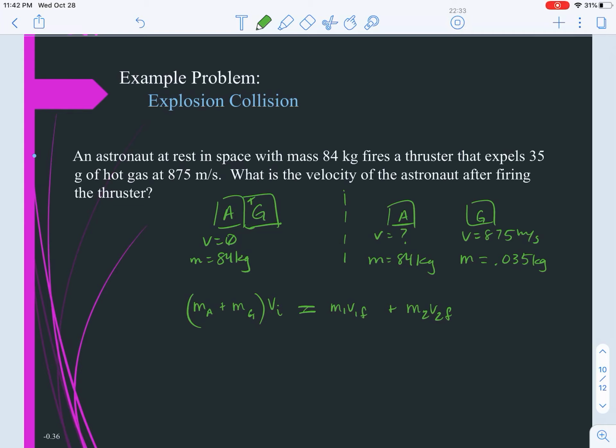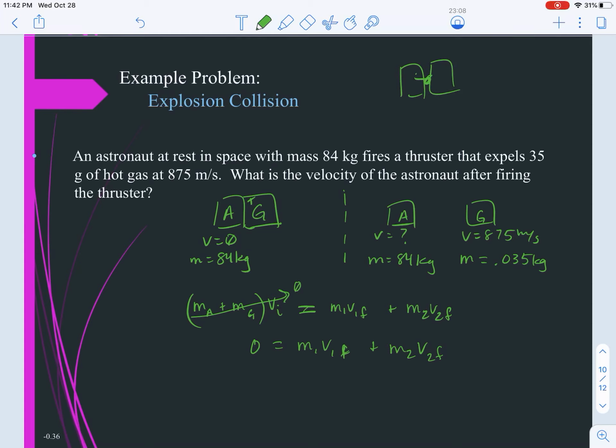All right, so in this case, the entire first half, the before or the initial side of the equation, equals 0. So this entire thing is going to give me a value of 0. Now, you may be wondering, how can I have a total momentum of 0? But remember, these two objects are in contact with each other.